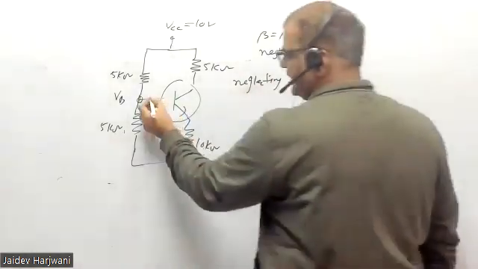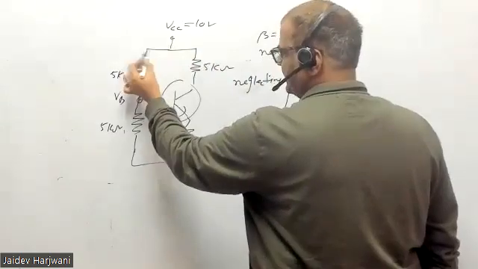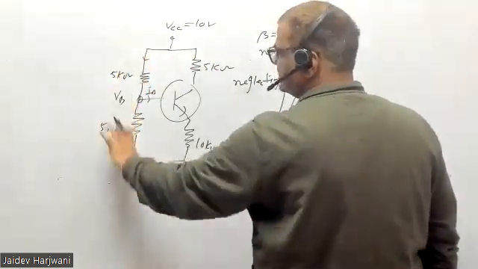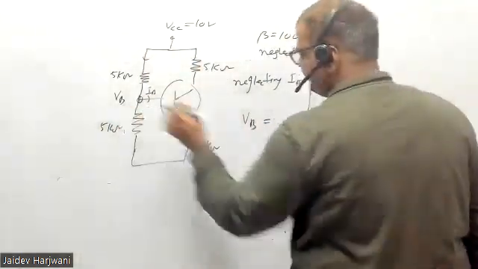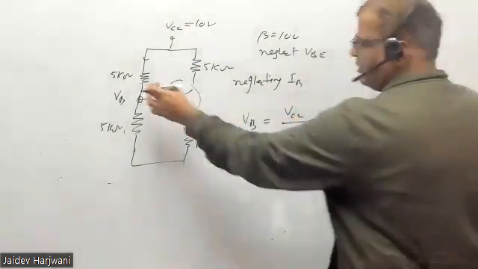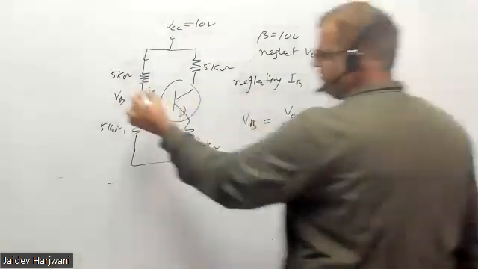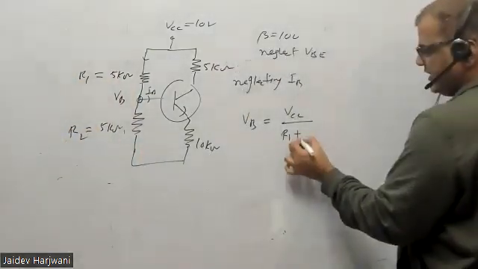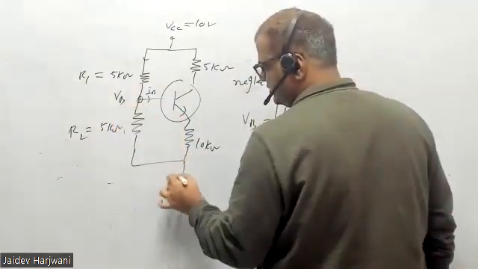So neglecting IB, I am saying no current is going here, so the current comes only here. This is a voltage divider circuit, so I can find VB. This voltage will be VCC upon R1 plus R2, multiplied by R2, because this is the ground.